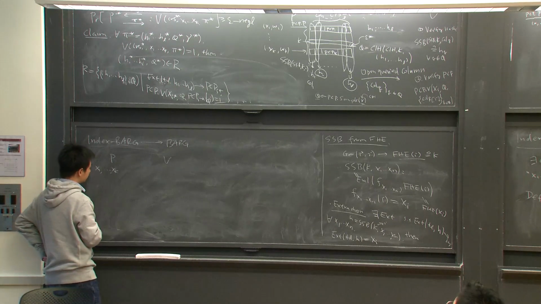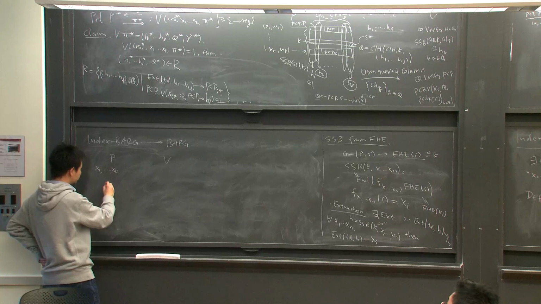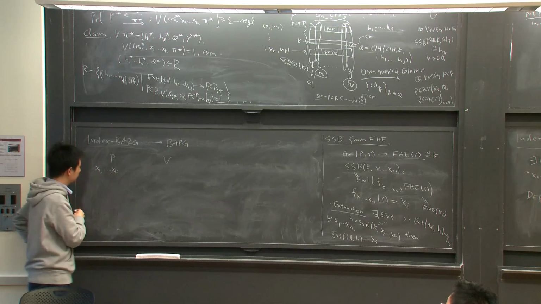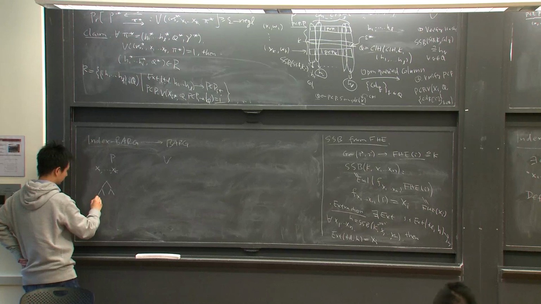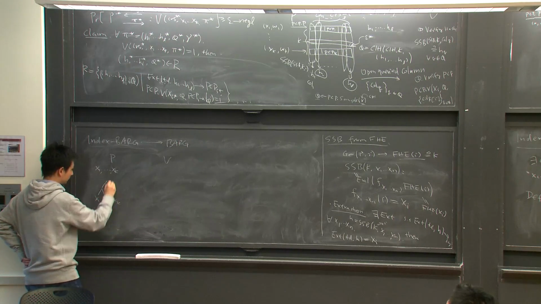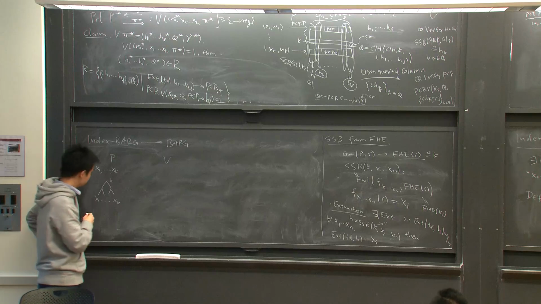The idea is we will first build a Merkle hash of all of the instances, and we have some hash root.